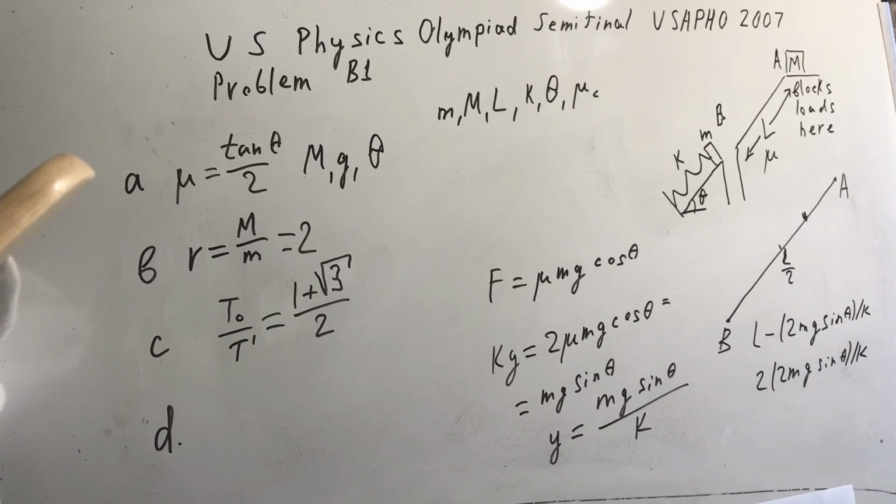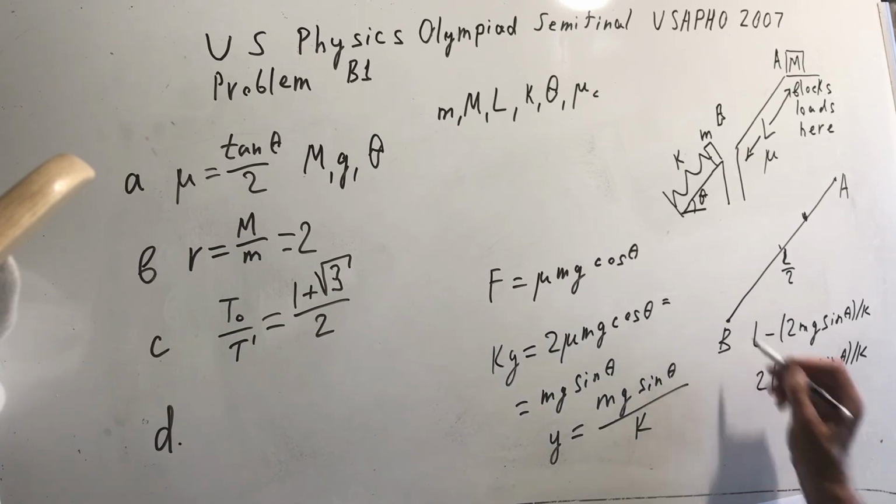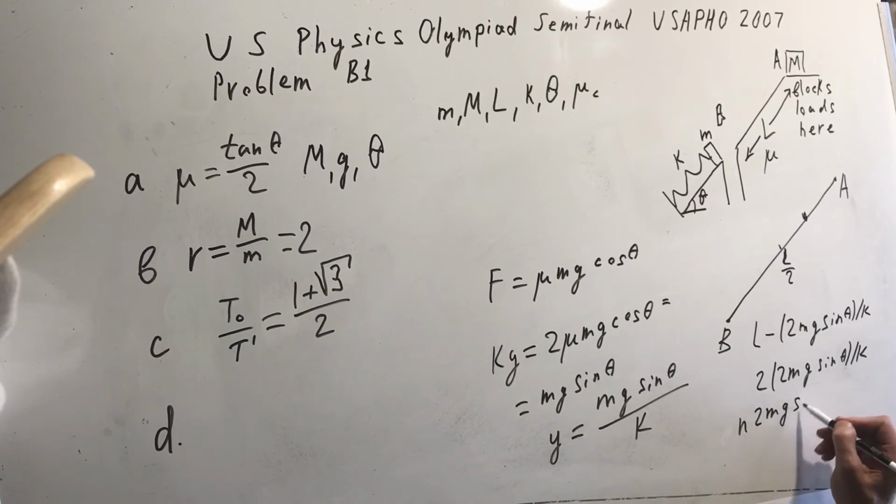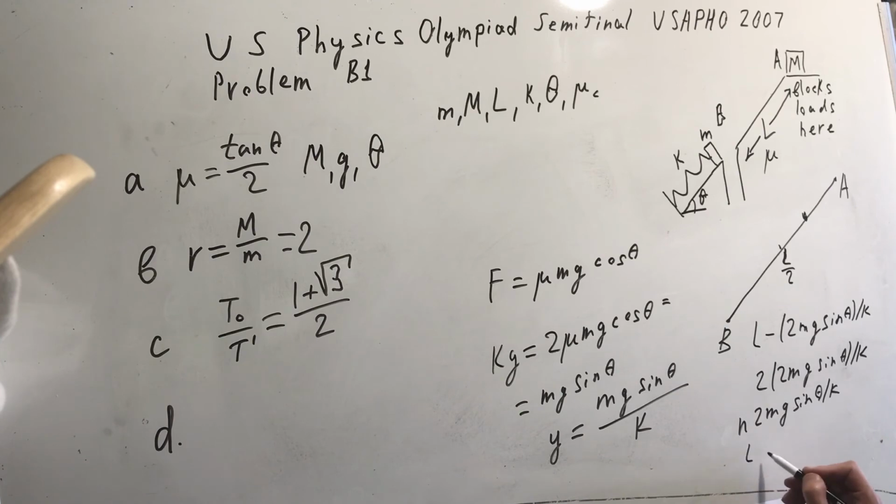So after n oscillations, for the motion up, the distance from point B is n times 2 mg sine theta over k, and when we are going down, the stop point is L minus n times 2 mg sine theta over k.